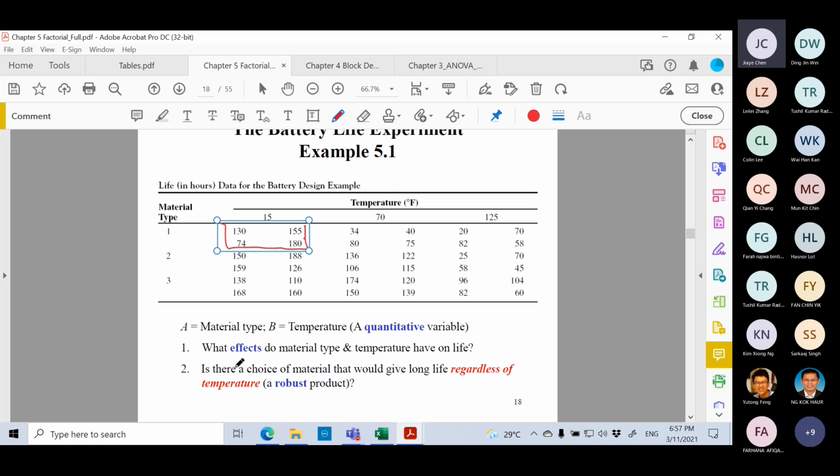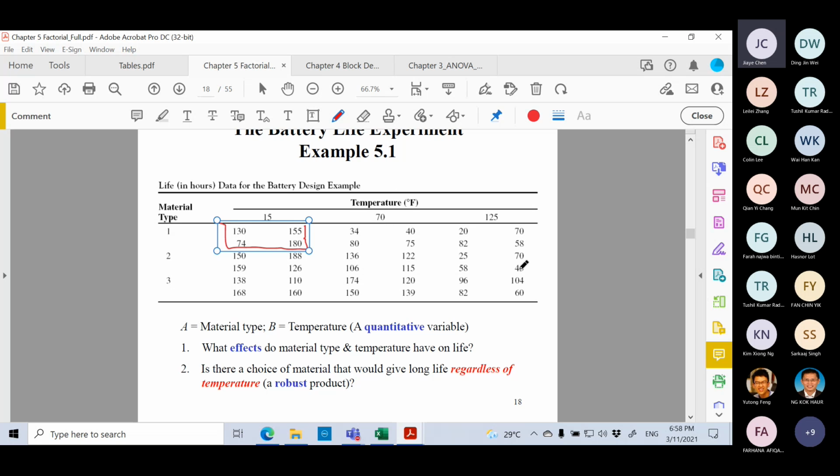It means that when the temperature is changed, we don't care. When choosing the material types, are they affected by the temperature? We want to see whether there is any relationship between these 2. So therefore we study the interaction between factor A and factor B.